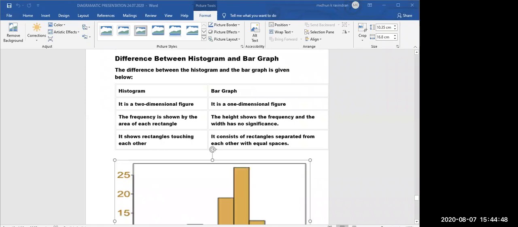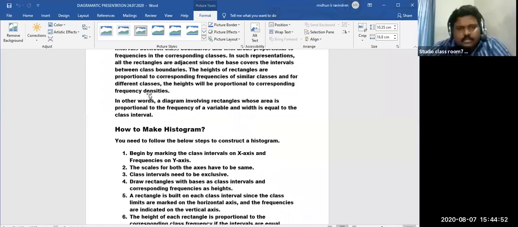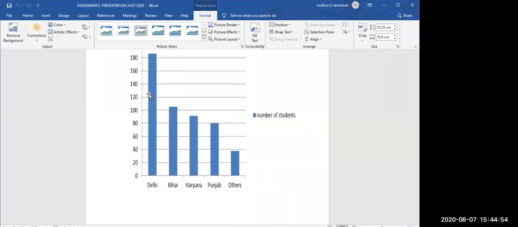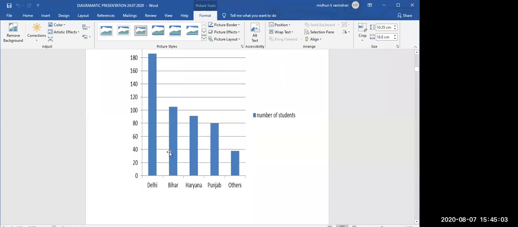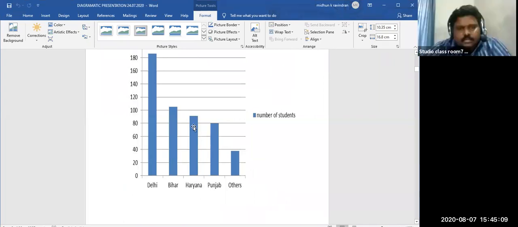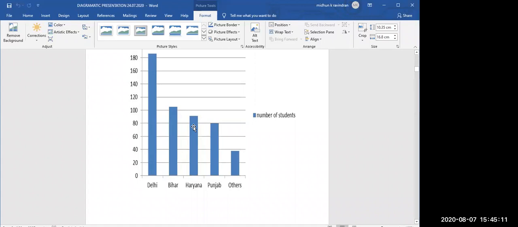There are gaps between the bars. In a histogram there are no gaps. So that's the other property. Next property of a histogram: there is no gap between, so it shows rectangles touching each other.